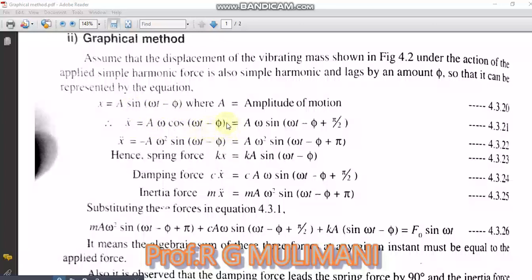By adding 90 degrees or pi by 2, it can be considered as the sine function. See here, A omega sine(omega t minus phi plus pi by 2). Adding 90 degrees, it is a sine function. Similarly, differentiating the velocity component, the acceleration component can be determined. So A omega, differentiation of cos is minus sine(omega t minus phi). Already it is in the sine form.